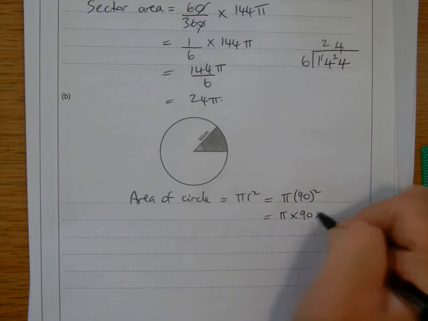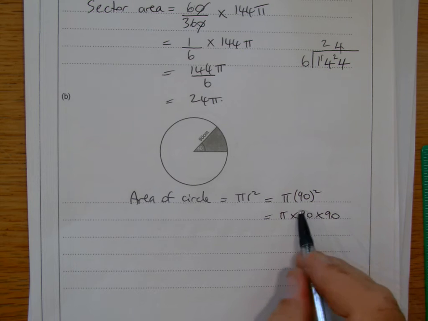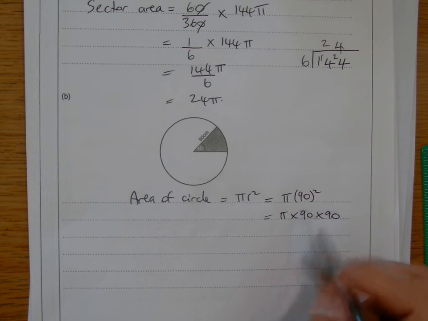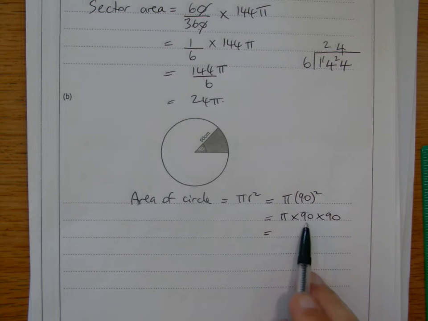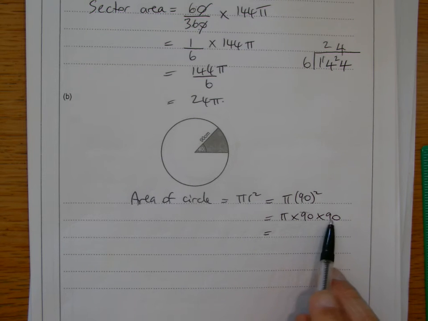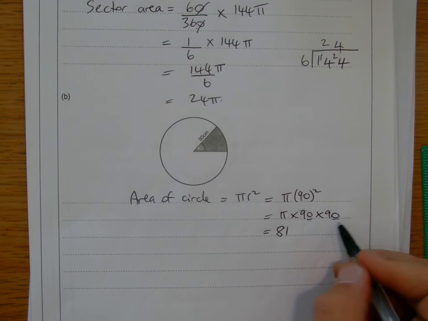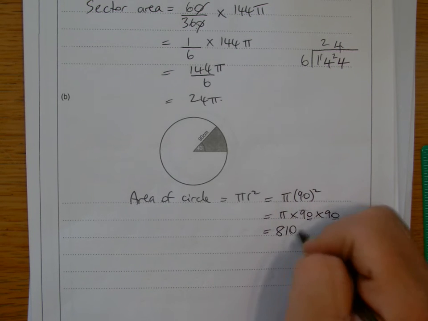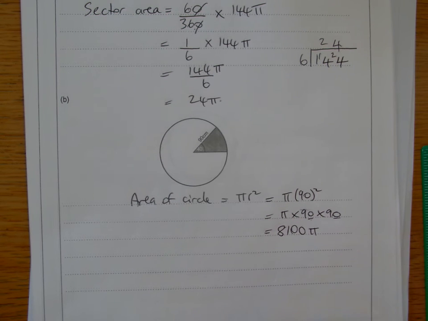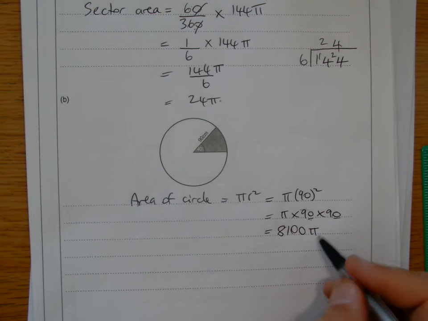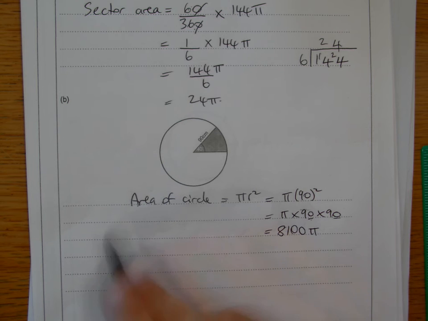But if you write it like this, you can see what that calculation is. If you're careful, just times the 9s together and ignore the zeros. So 9 times 9 is 81. But then, remember, there are 2 zeros there. So it'll be 8,100 pi as the area of the full circle.